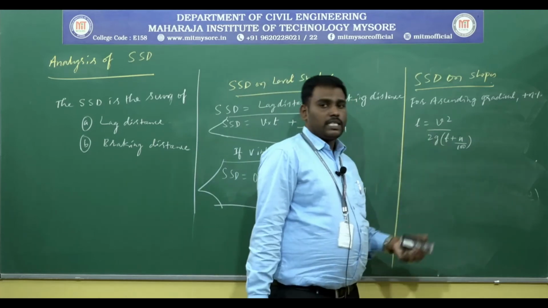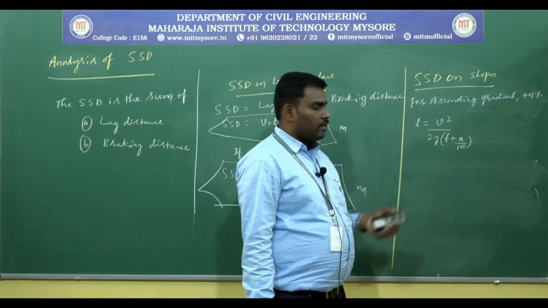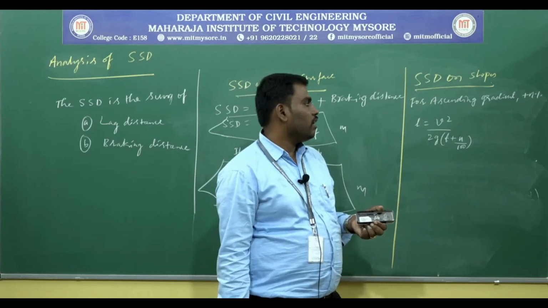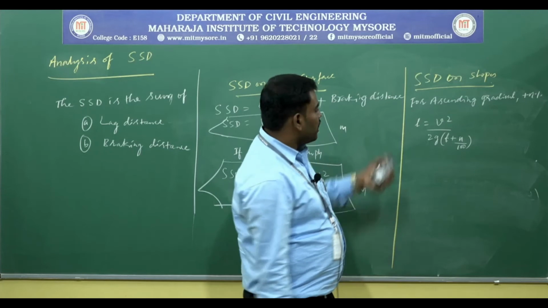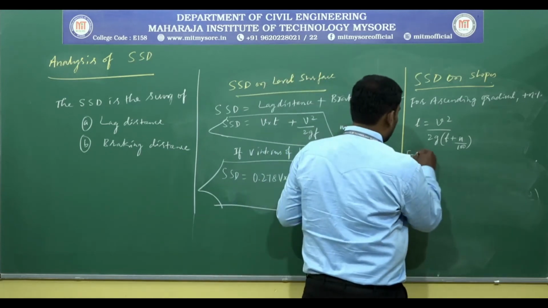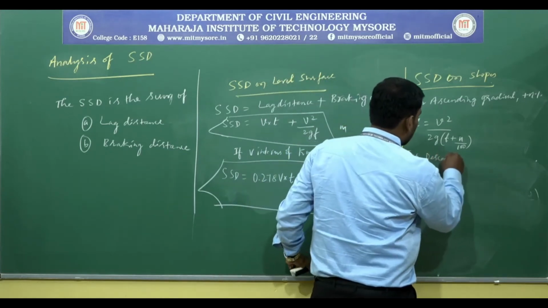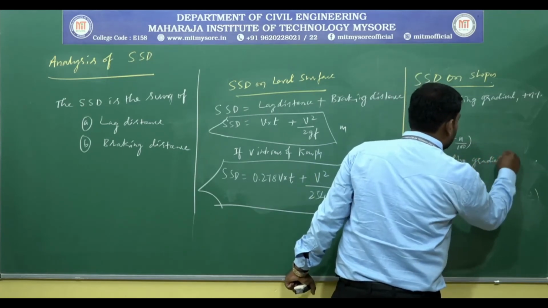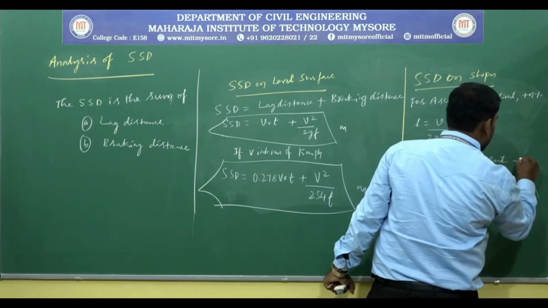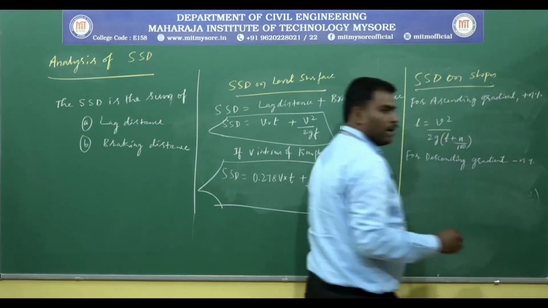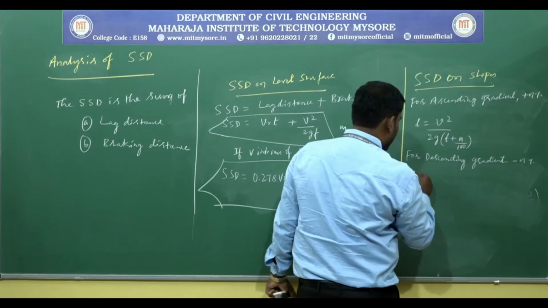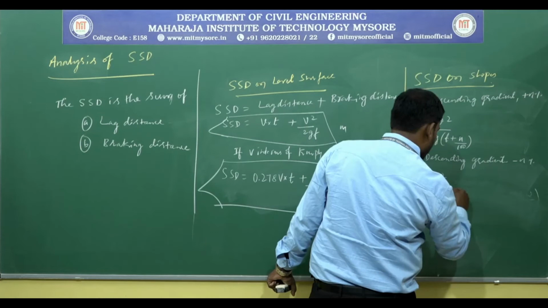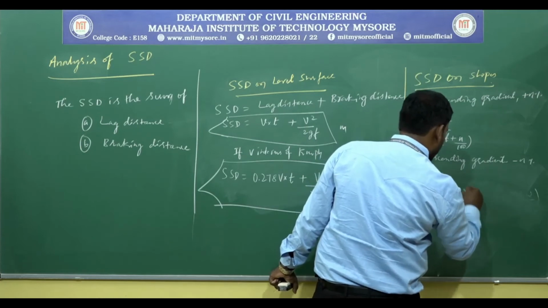This is regarding the braking distance for an ascending gradient of n%. Similarly, for a descending gradient, minus n%, your braking distance is V square divided by 2g (f minus n divided by 100).